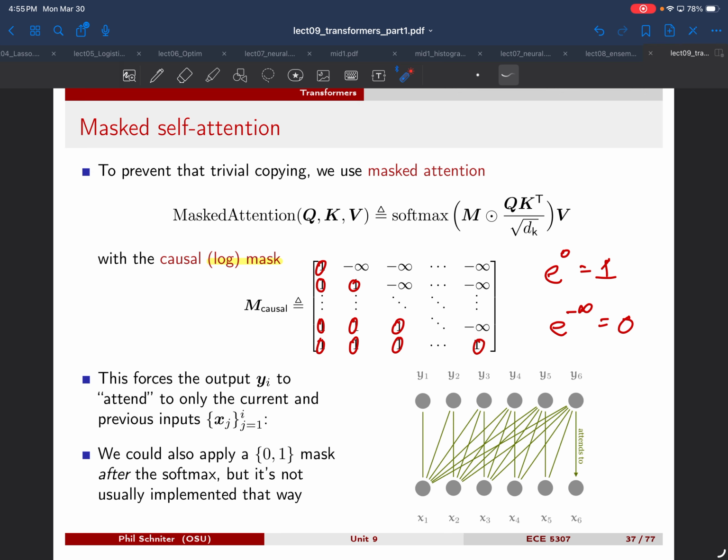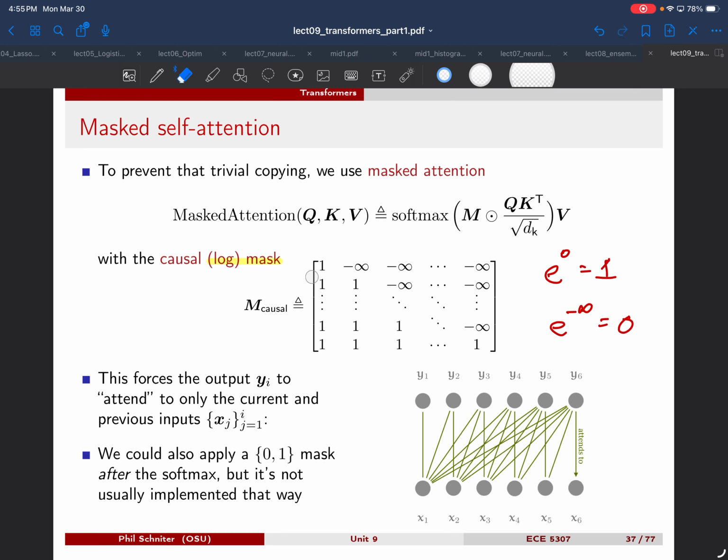Because this is inside the softmax, it is going to be exponentiated by the softmax. The softmax is applied row by row. So for the first row, you take whatever that row vector is and do a pointwise multiply by this. Actually, sorry, I made a mistake. These should be ones because we're doing a multiplication.